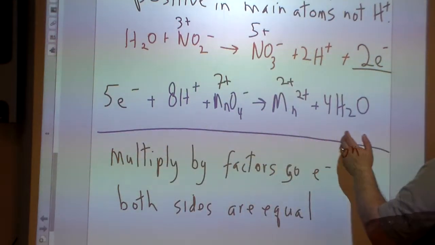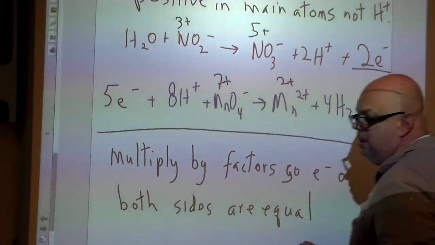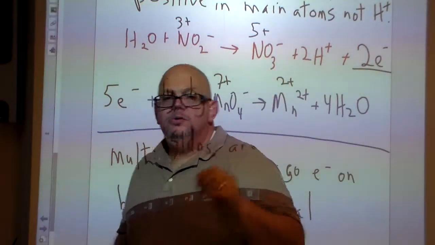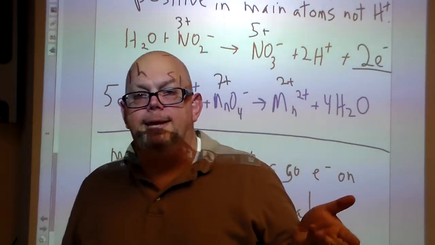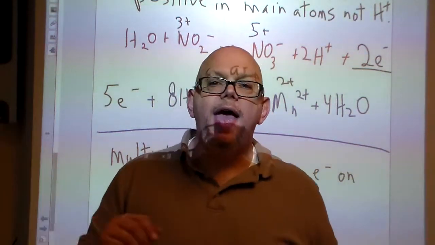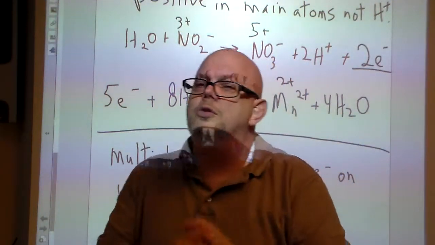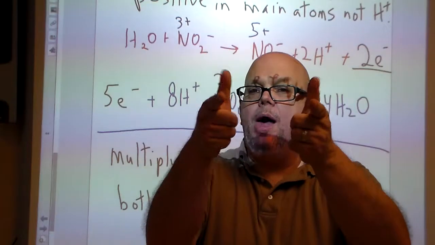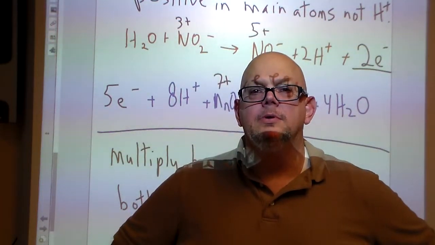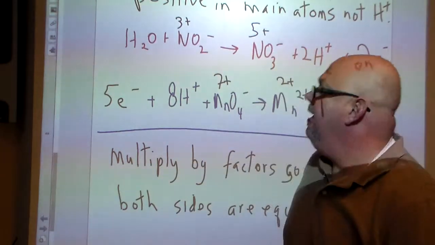How many electrons do we have on the right side, the product side? 2. What number does 5 and 2 go into evenly? When in doubt, just multiply the numbers together and you have it. Well, 5 and 2 don't go into each other evenly, but if you multiply them, 10. Yes, 10.